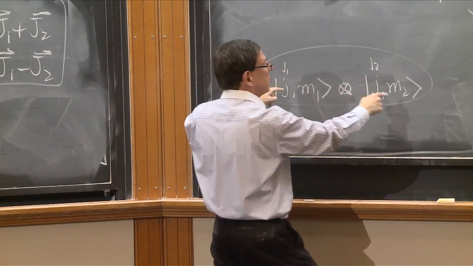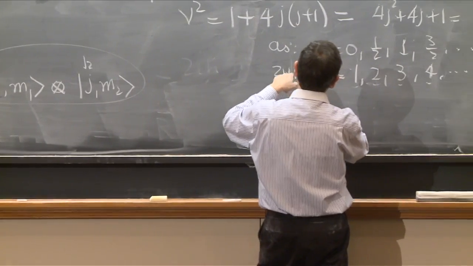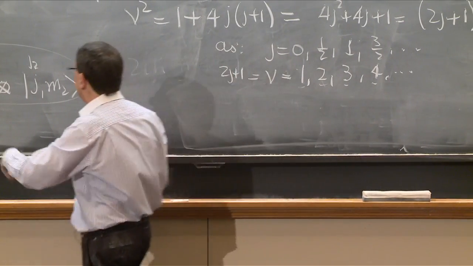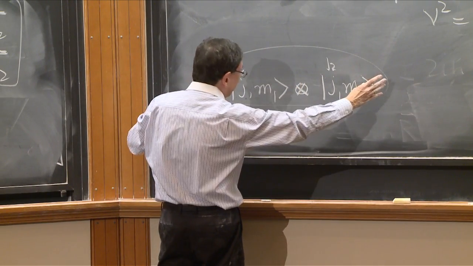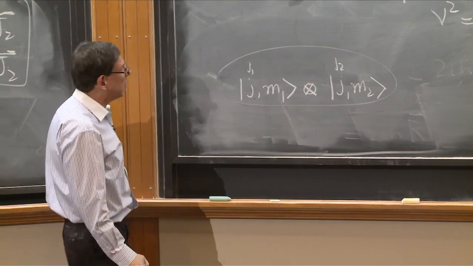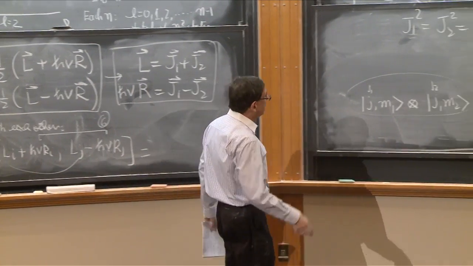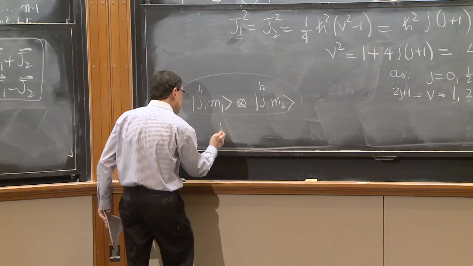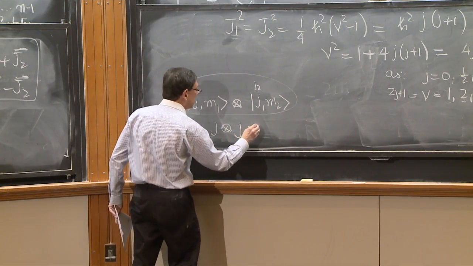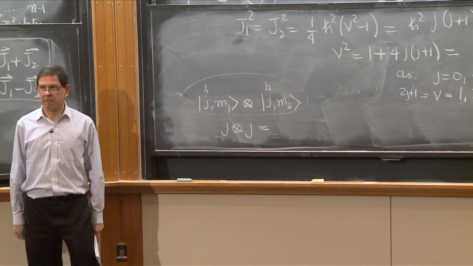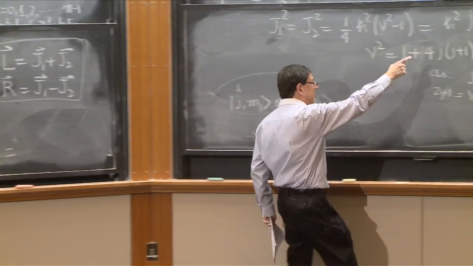We choose a value of j. Then nu is equal to this. And for that value of j, there are some values of m's. And therefore, this must be the degenerate subspace. So this is nothing but the tensor product of a j multiplet with a j multiplet, where j is that integer here.